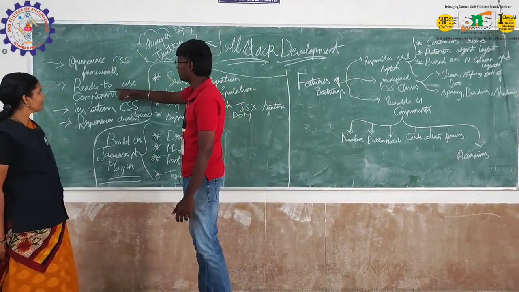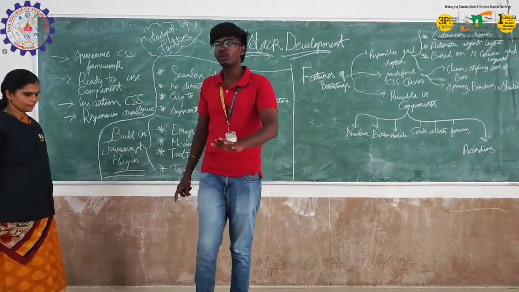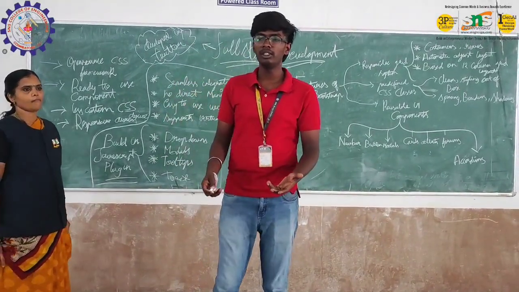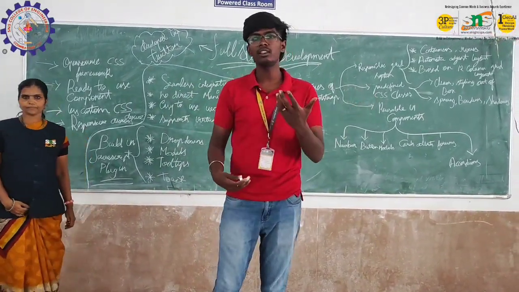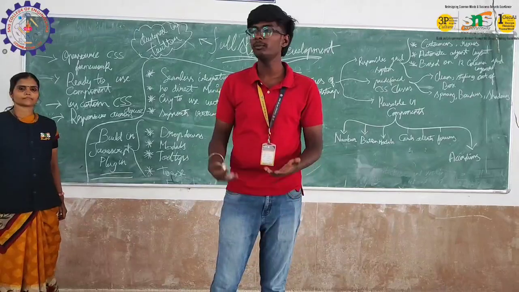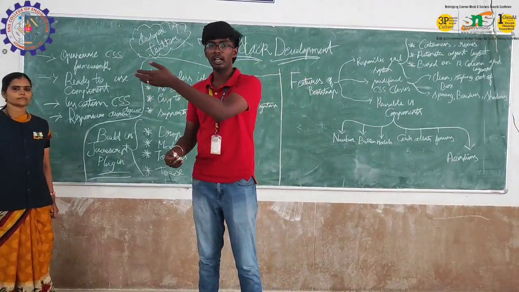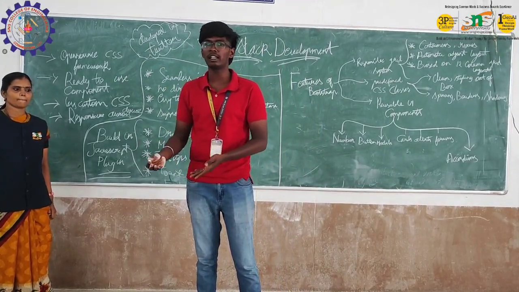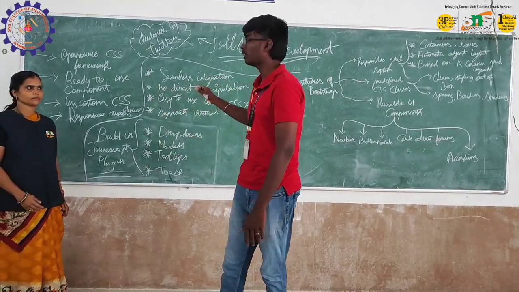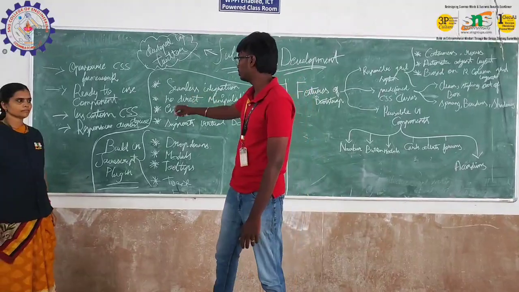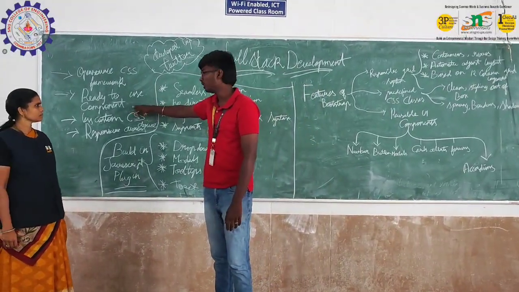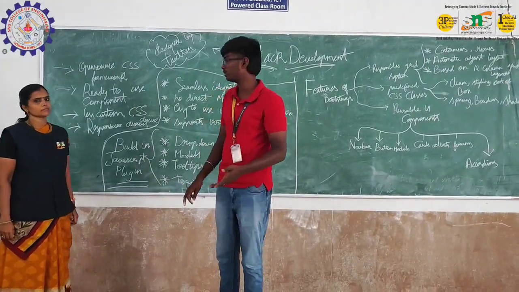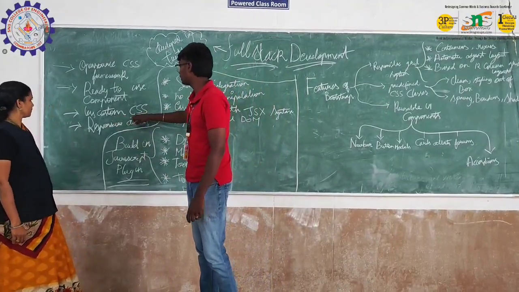So Bootstrap has ready-to-use components. So what do you mean by ready-to-use components? Like in the normal Python compilers, we have to take out some of the packages like UTF-16 and like that. So in this, it has complete and inbuilt concepts and components. So that's why we use Bootstrap, and then we use less custom CSS.